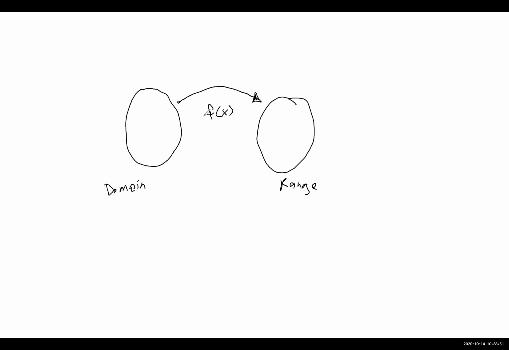Maybe we have some elements in this domain, 1, 3, 5, and 7. And maybe we have 2, 3, 5, and 10 in the range.